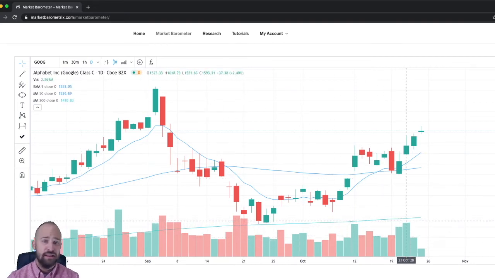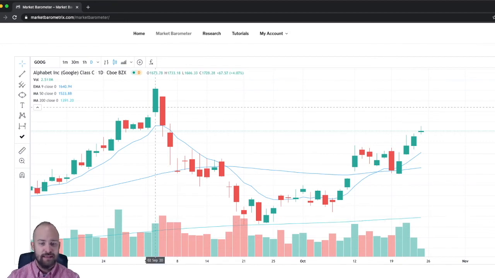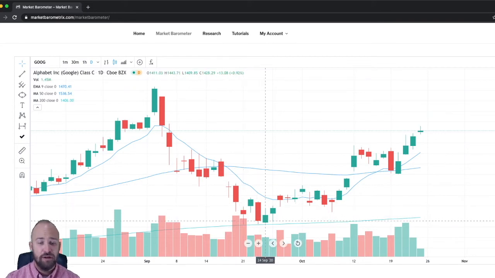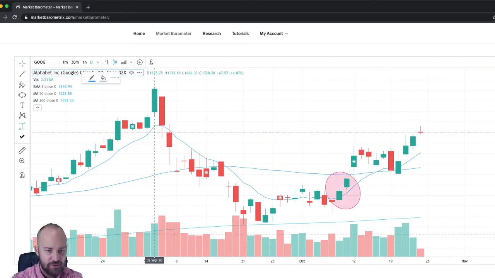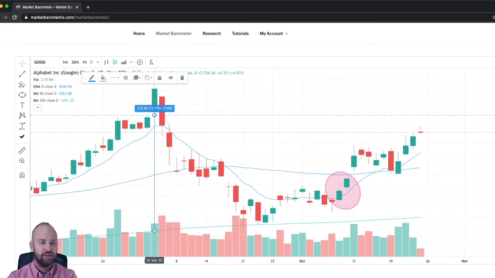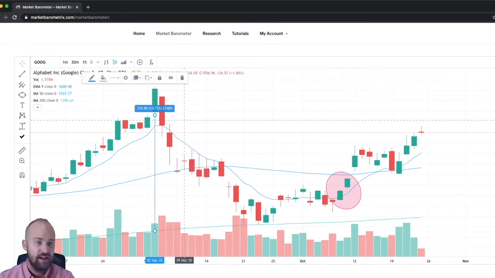But if I was looking to enter a long-term position in September, as price trended down and started to move towards the 200-day moving average, I would have been paying close attention around that time, because the 200-day moving average is typically a pretty solid point of either support or resistance. You can see here that towards the beginning of September, price was very extended above the 200-day moving average, to the tune of like 20% above the 200-day.